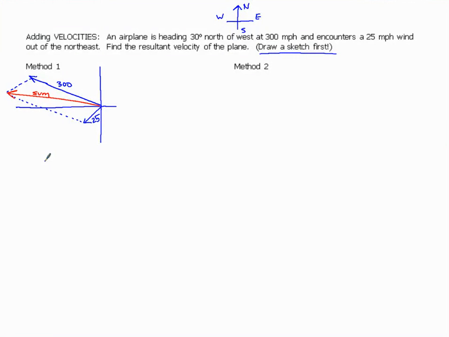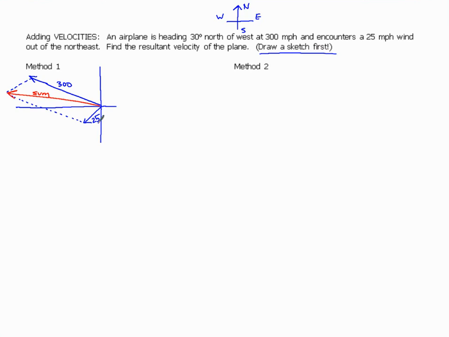So in order to do this a little better, we need to draw a couple of triangles. So we have to look at each of these vectors in terms of the i's and the j's. We have to figure out the horizontal component and the vertical component of the airplane. We need to know the horizontal and the vertical of the wind.